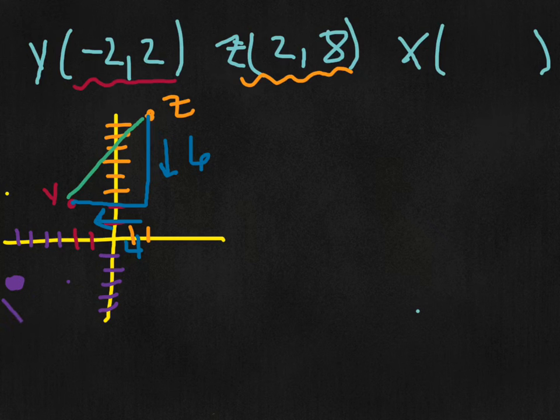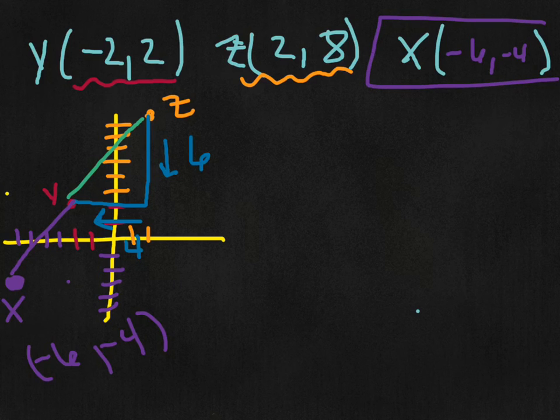Right here would be X, your other endpoint. So at that point, X would be 1, 2, 3, 4, 5, 6, -6, and 1, 2, 3, -4. So there's your final answer: (-6, -4). And there you go.